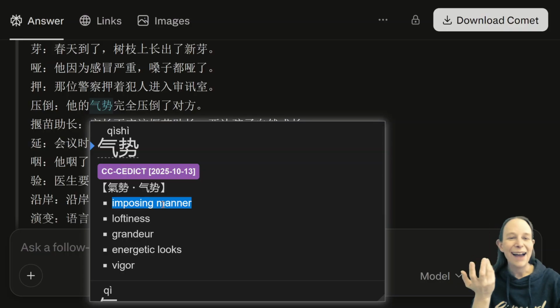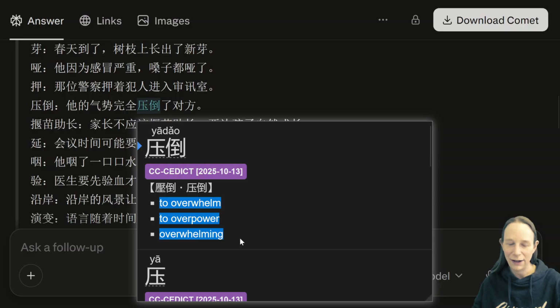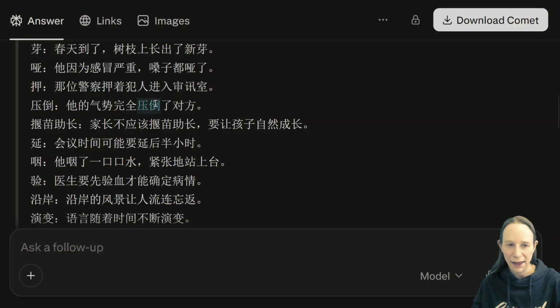I read this like this abstract thing that he has caused his opponent to 压倒, collapse. Well, not just collapse, but completely collapse. Overwhelm. Okay, overwhelm. Or overpower. Yeah. So I think it's just used figuratively.